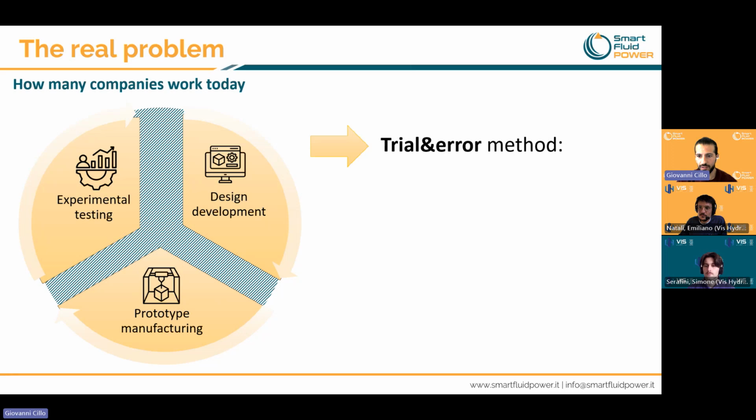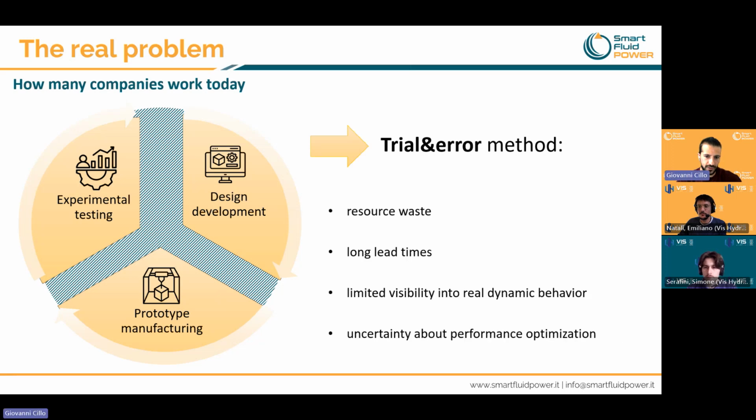Problems often emerge later in the process. As a result, development enters an iterative loop: design, test, modification, new test. This leads to wasted resources, longer development times, and greater uncertainty around dynamic behavior and optimization.